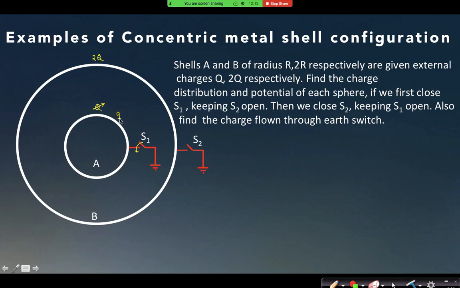The potential of shell A is k times small q by capital R, and the 2q charge will not hamper it; its contribution is plus k times 2q by 2r.